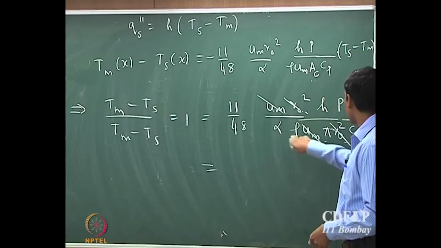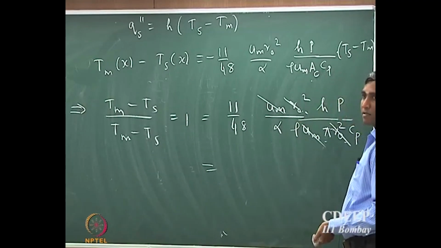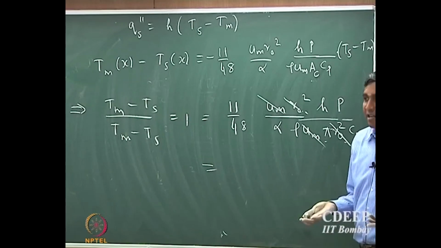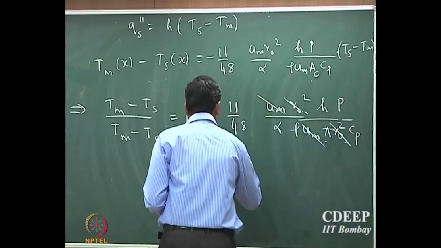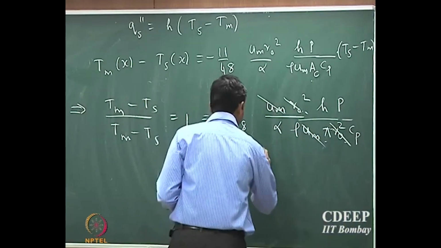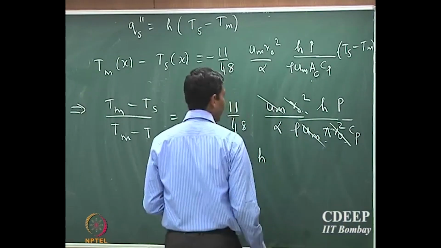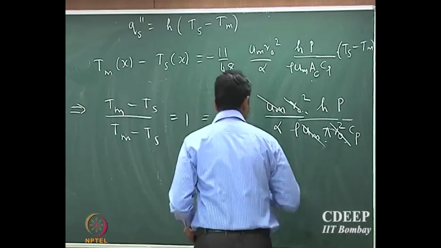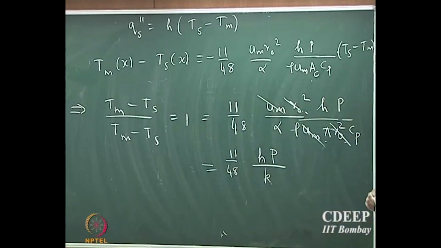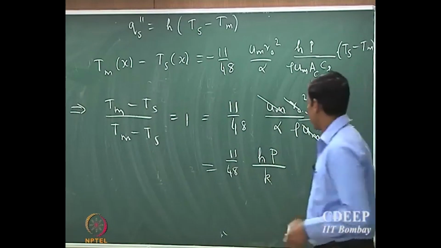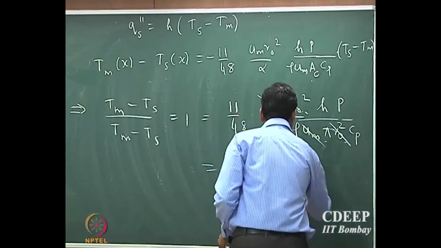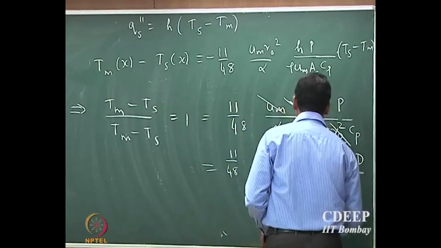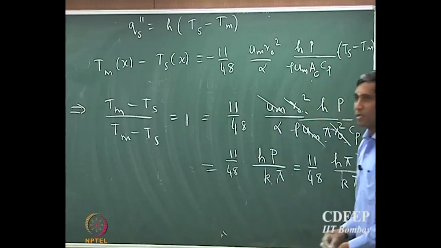So what is alpha into rho into Cp? It is nothing but k, conductivity. So that will be 11 by 48 into h into P divided by k. What's the perimeter? Pi into d. So it is 11 by 48 into h into pi into d divided by k into pi.